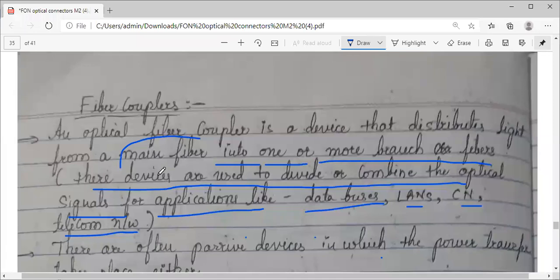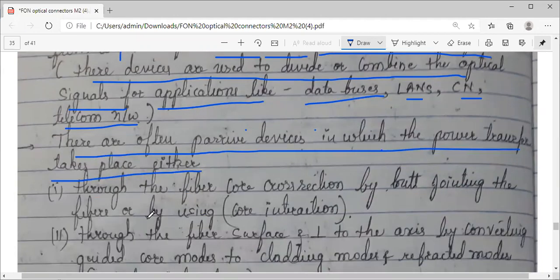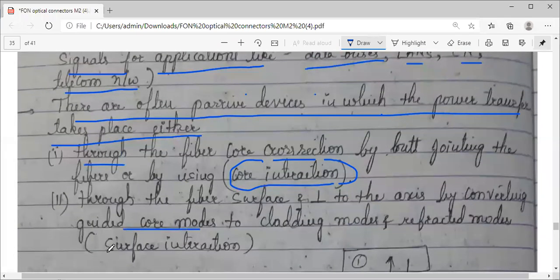These are often passive devices in which the power transfer takes place in two different ways. How we achieve this coupling, this distribution, is either by the core interaction type, or the surface interaction type. So there are two: core interaction and surface interaction.